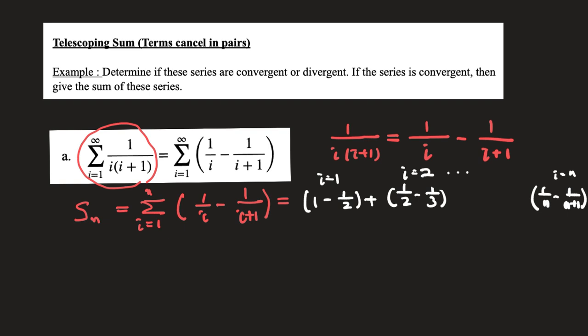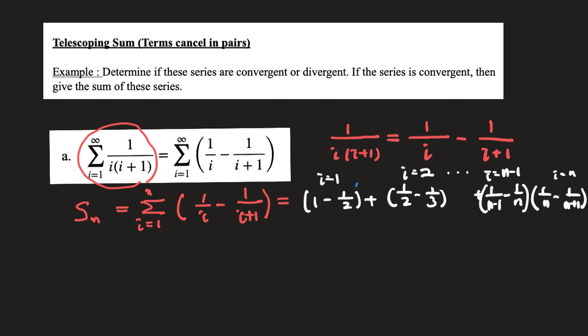Now, we want to find the term before the last term. The last term is i equal n. Before the last term, i should be n minus 1. So we want to find this term, 1 over n minus 1 minus 1 over n. When you see each term, what do you see here, guys?